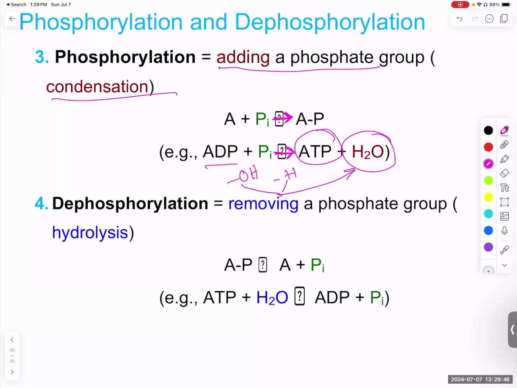So you're adding that phosphate group. If you're removing the phosphate group, it's dephosphorylation. This would be a hydrolysis. Why? Because we are using water to break it apart. And so you're going to end up with a hydroxyl on one and a hydrogen on the other to split it apart.